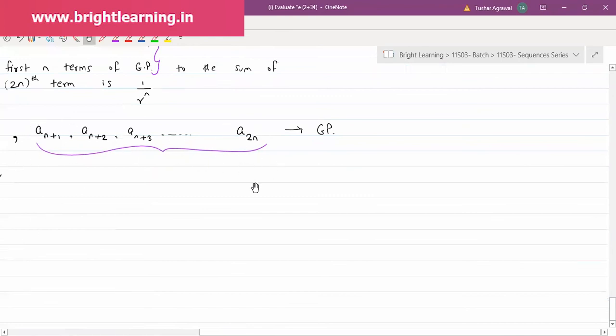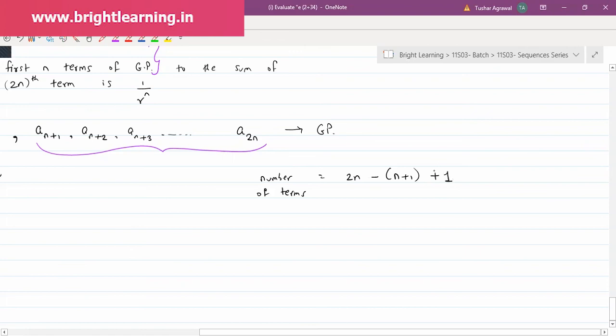What is the number of terms? Be careful here. Now here also there is a chance of a silly mistake. Number of terms is equal to last value 2n minus first value n plus 1, and you will have to add 1.